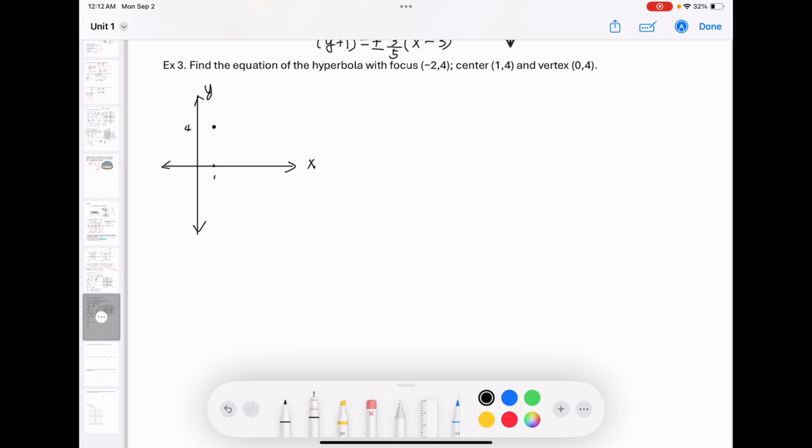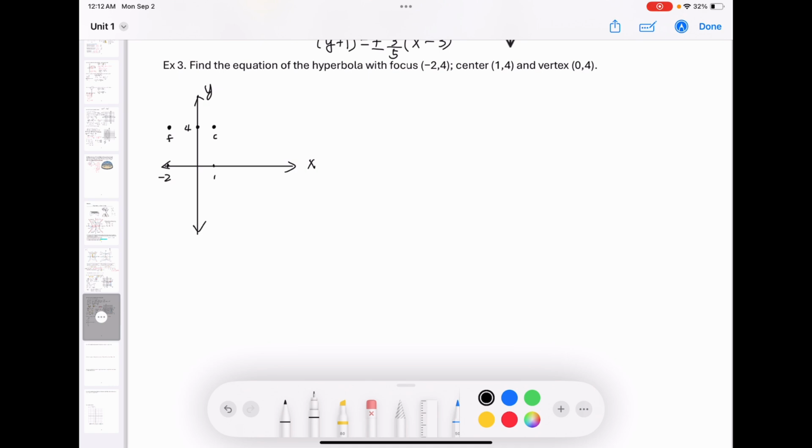And second, let's find the focus, negative 2, 4. For example, this is negative 2, and this is negative 2, 4. This is a focus, so I can put F here. I can put C here to represent the center. What else? Vertex is 0, 4.